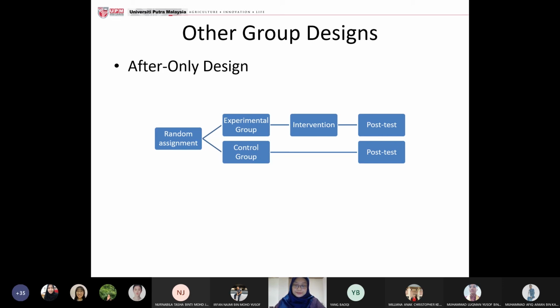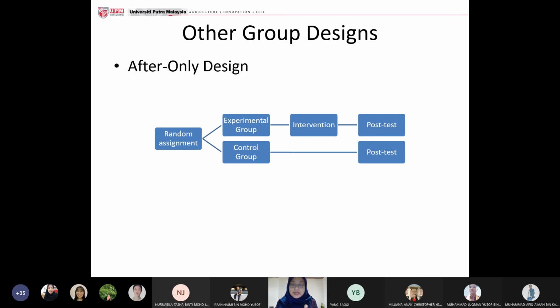So is this doable? It has its own considerations and characteristics. In particular with this design, because of the random assignment, the respondents are very, very similar, and there's nothing that's going to cause any extraneous variables. After they undergo the intervention, you do your post-test. For example, you do some engagement, like a town hall session.